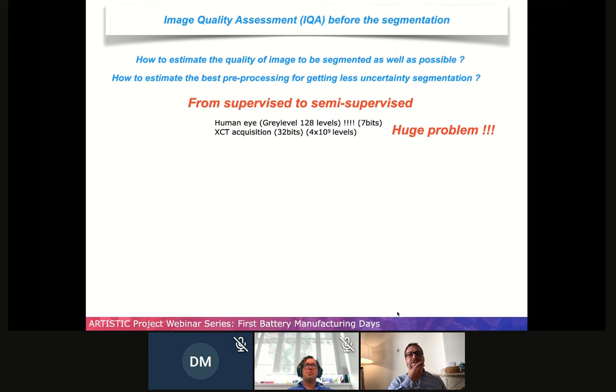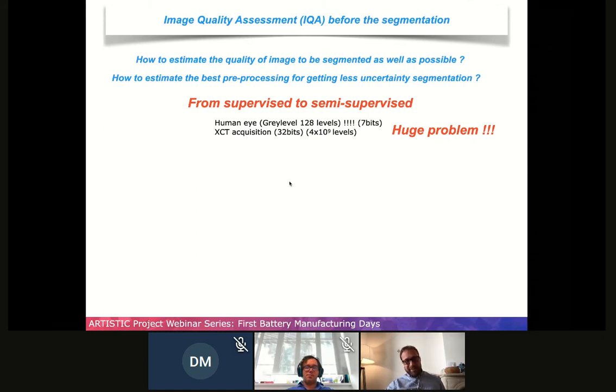So we try to continue this interrogation, and the question we try to address here is, can we estimate the quality of the image before the segmentation? How to estimate the quality of the image so it can be segmented as well as possible.